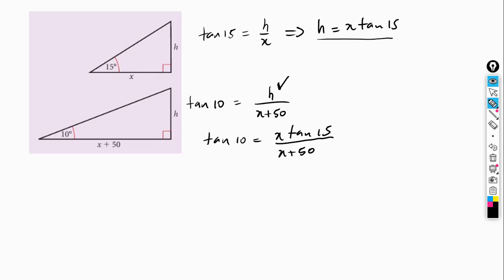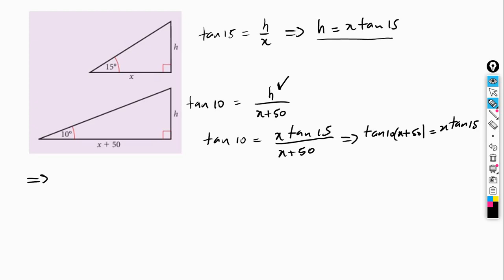So we have two x's, so that means that we're going to have to multiply and then group, factor out, and all that stuff. So first of all, let's rewrite this as tangent of 10 times x plus 50 is equal to x times tangent of 15. And then let's distribute on the left-hand side.